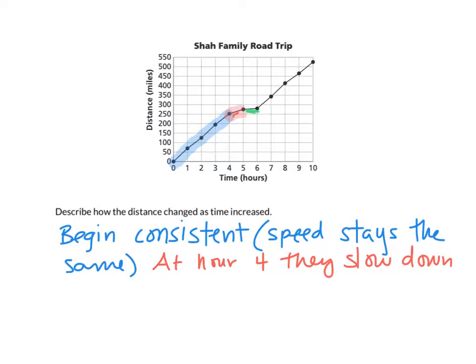And then what looks like is happening right here is that they're really not moving at all. So maybe they stopped. Maybe they stopped to have something to eat or whatever. So from hour 5 to 6, they stopped.